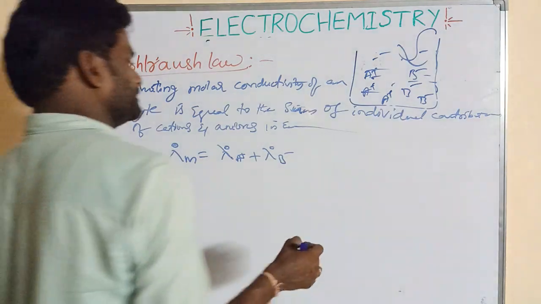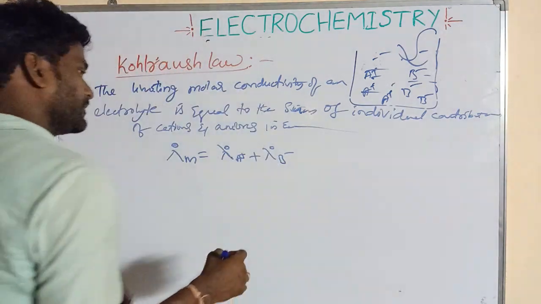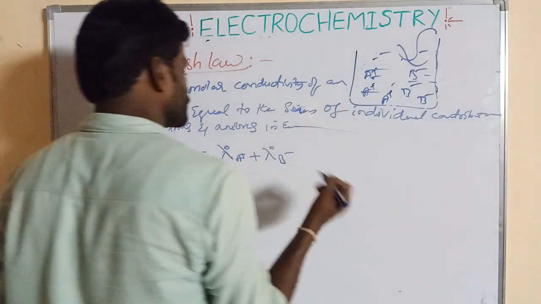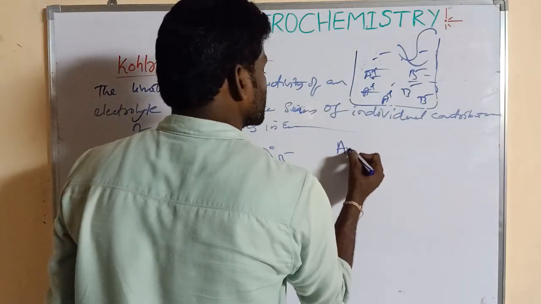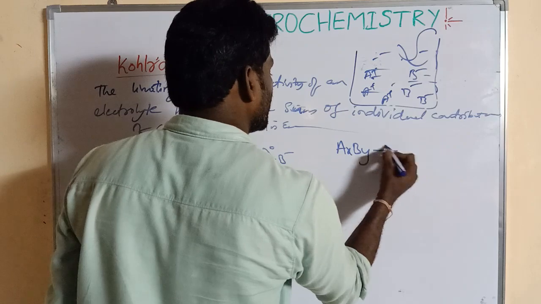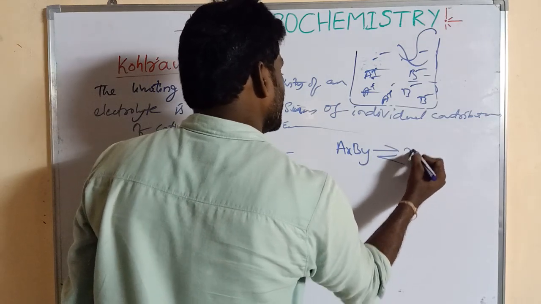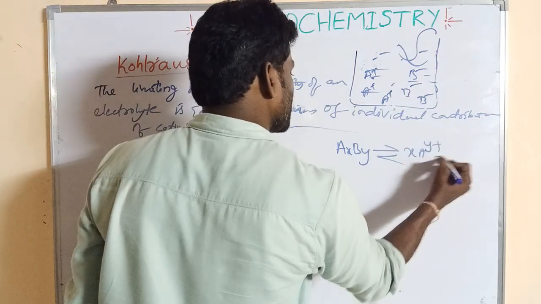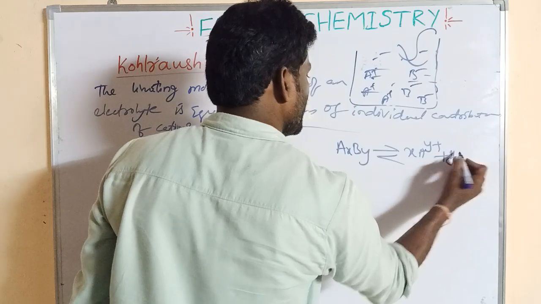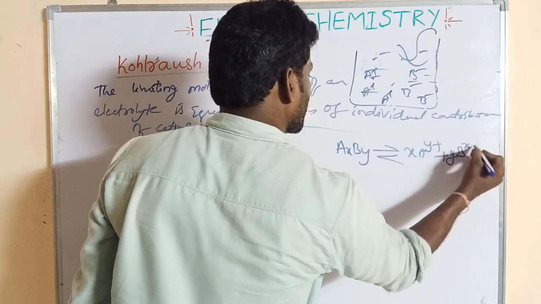Suppose we take an A x B y electrolyte. It is ionized to x A to the power of y plus and y B to the power of x minus.